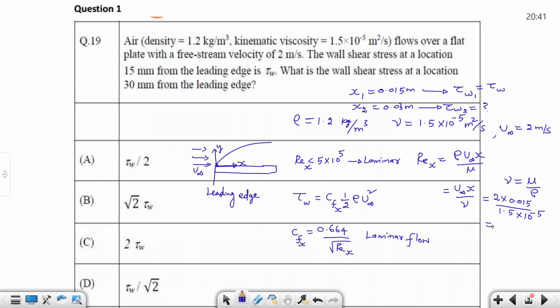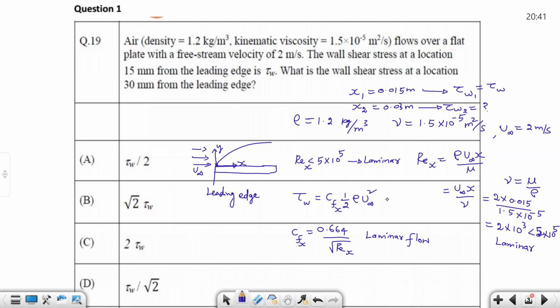It's something like 2 into 10 power 3. It is very much less than, sorry, not 2, 5 into 10 power 5. So flow is laminar.